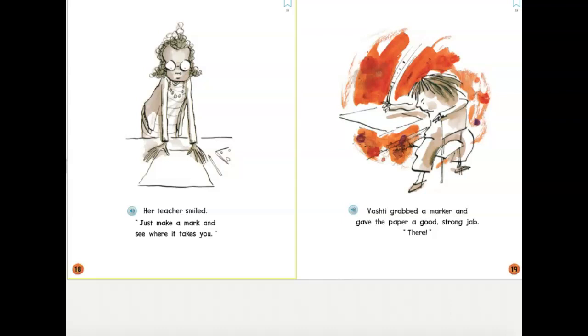If you look closely, you see there's red all around Vashti, and her face looks angry. Vashti could be feeling very angry or frustrated at this point. Do you agree?